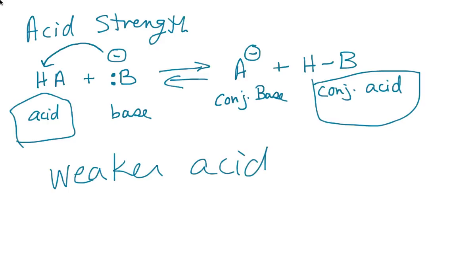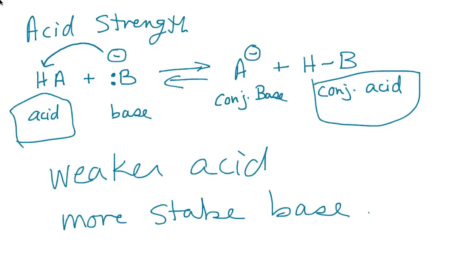Or another way to think about it, and it's directly related, is to think about not the acid components, but the base components on either side. The base on one side versus the conjugate base on the other. It will lie on the side of the more stable base. What that means, weaker acid means less reactive acid, and more stable base means less reactive base.